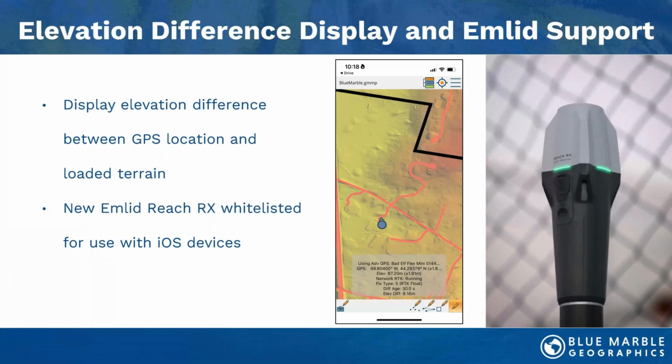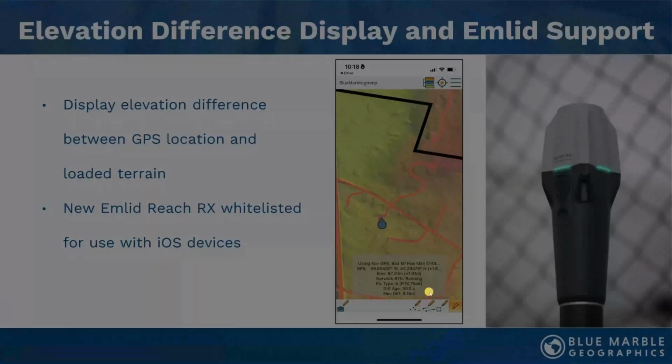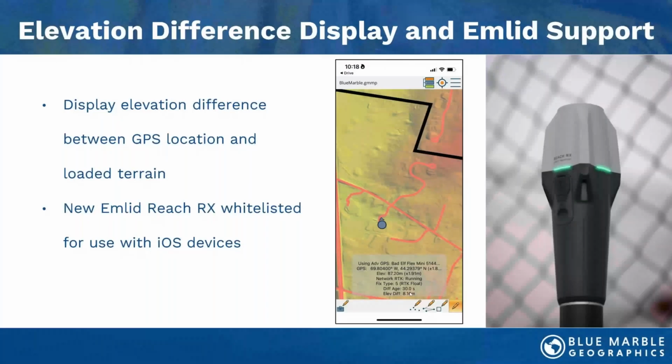One of the new things that we can do is compare that location to the location provided by whatever location services you're using. So we'll see now as an option the elevation difference that can show on the display between your GNSS location and the elevation layer itself.